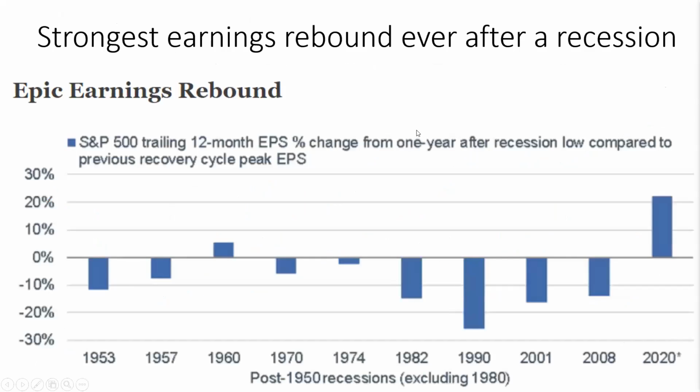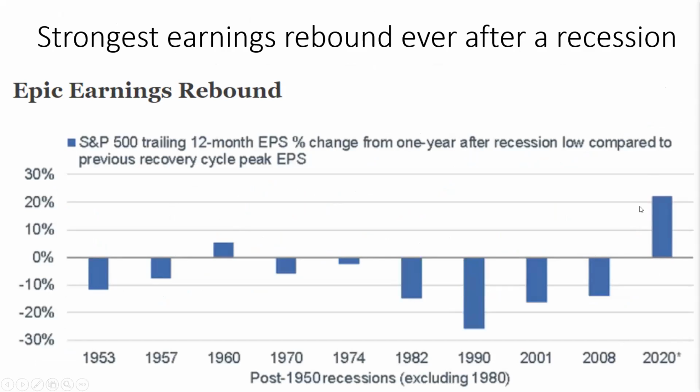There we go. So one of the things to bear in mind, and this is from Schwab, is that we've had one of the strongest earnings rebounds ever after a recession. What you can see here is the earnings rebound 12 months after a recession. So 1 year after the recession low, how high have the earnings rebounded on a percentage basis?